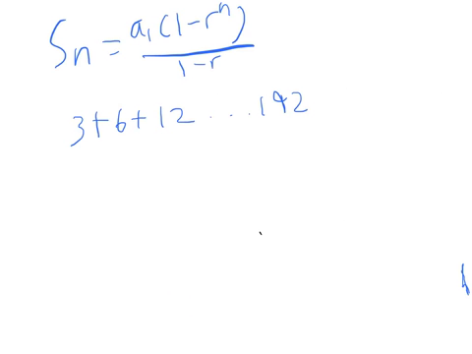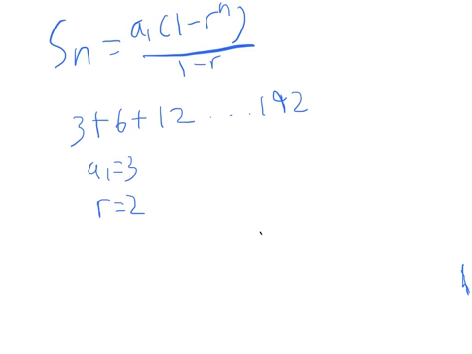So for this one, this time we know that a sub 1 equals 3, and r, because 6 divided by 3 equals 2, so r equals 2. So what we do now is, again, we have to find n.